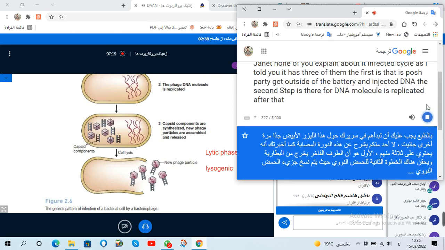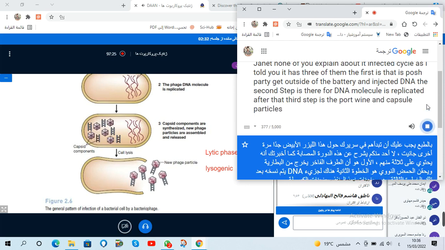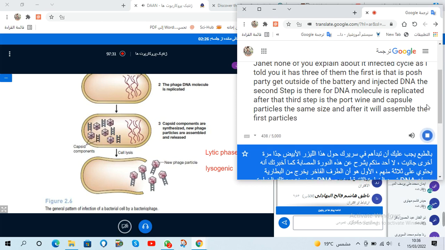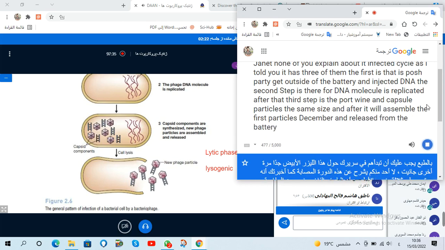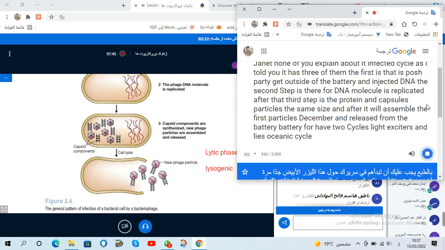The third step is the protein and capsid particles are synthesized, the phage particles assemble and are released from the bacteria. All bacteriophages have 2 cycles, the lytic cycle and the lysogenic cycle. What is the lytic cycle?